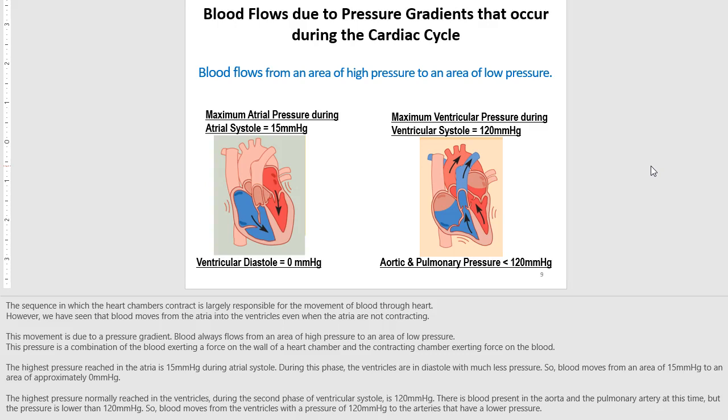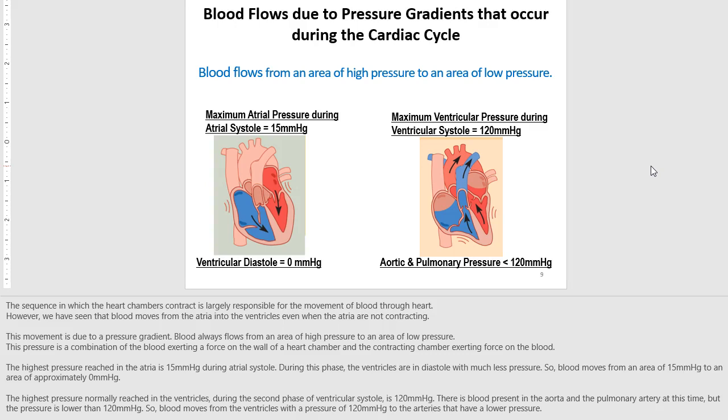However, you've also seen that blood moves from the atria into the ventricle even when there's no contraction. So why does that happen? Well, this blood flow is caused by a pressure gradient. So blood always flows due to a pressure gradient, and pressure gradients change throughout the cardiac cycle.